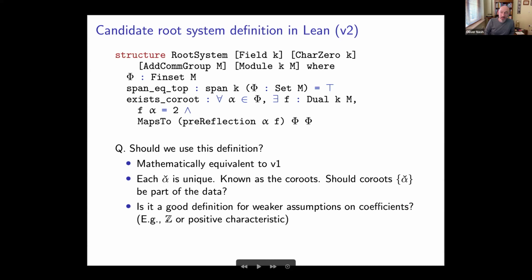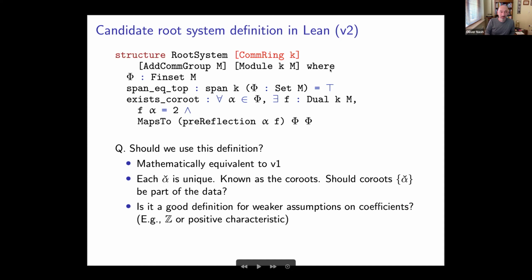But have I mathematically got the right concept? In other words, if I make this change, Lean will now accept it. I can naively weaken my assumptions and Lean will agree that I've defined something. But am I defining the right thing? So the answer actually is no, not yet.